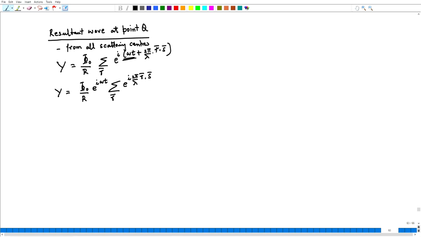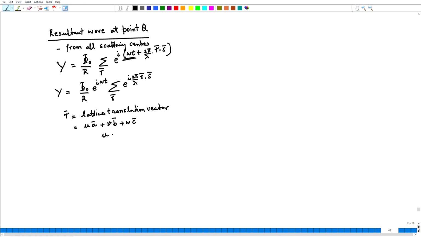Now, let us look at what this vector R is. Remember, we had scattering centers only at the corners of the unit cell. So, the R vector is nothing but the lattice translation vector. And hence, this can be written as u A plus v B plus w C, where A, B, C are the unit cell vectors.